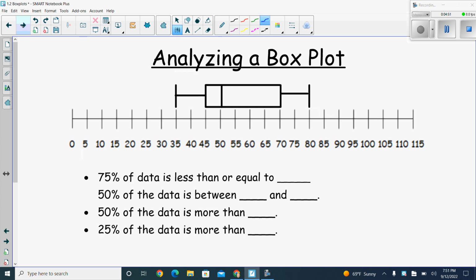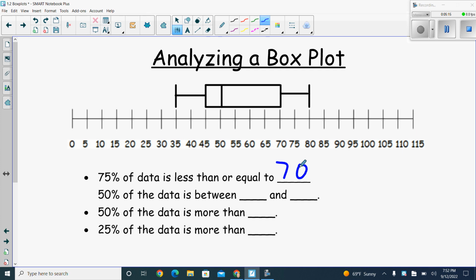Now to talk about what these quartiles mean, you have chunks of 25% of the data. So 75% of the data is less than or equal to, that's this spot right here, the Q3. So that number is 70. 50% of the data is between, and there are at least 3 correct answers.